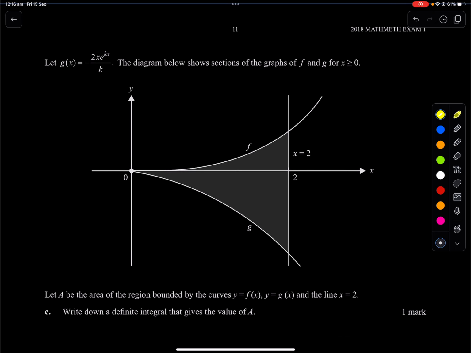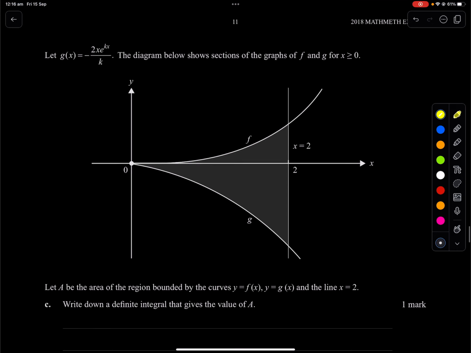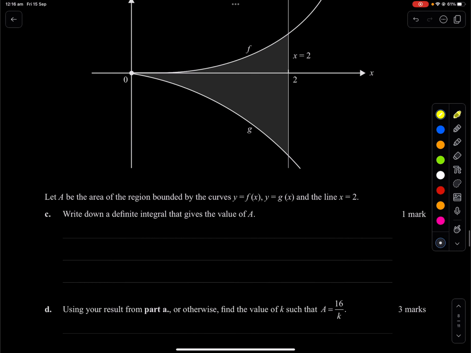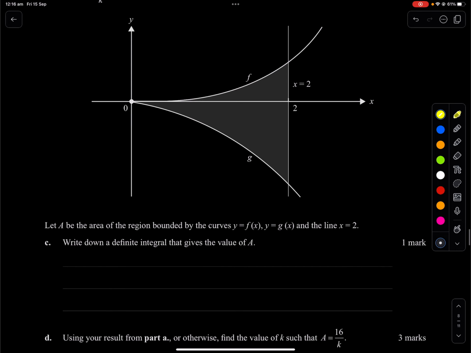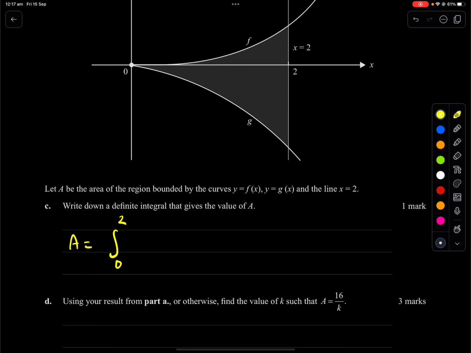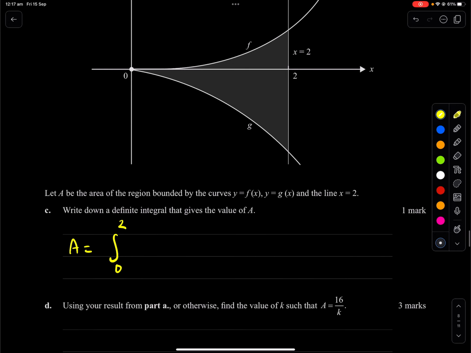Let g of x be this. The diagram below shows the sections of the graph of f and g where x is greater than or equal to 0. Okay. Let A be the area of the region bounded by the curve of f of x and g of x, and the line x equals 2. Write down a definite integral that gives the value of A. Okay, so your A here is just the integral from 0 to 2 of the upper function, which is f of x.